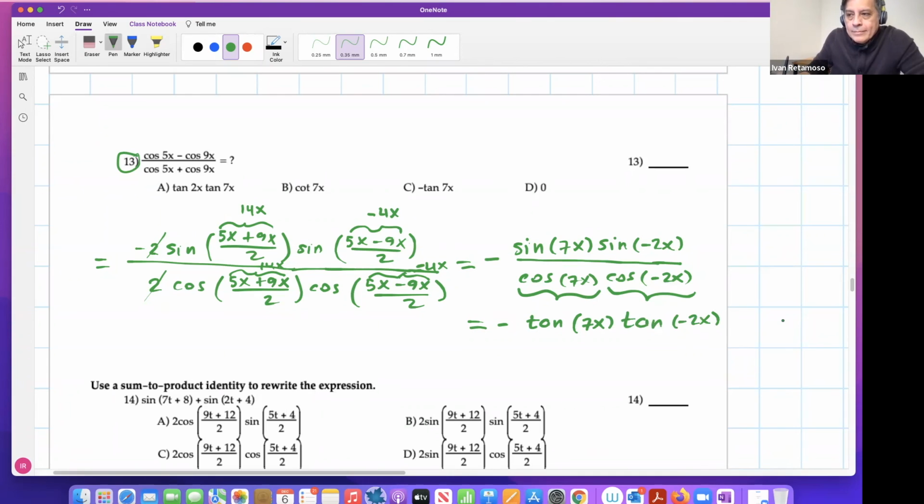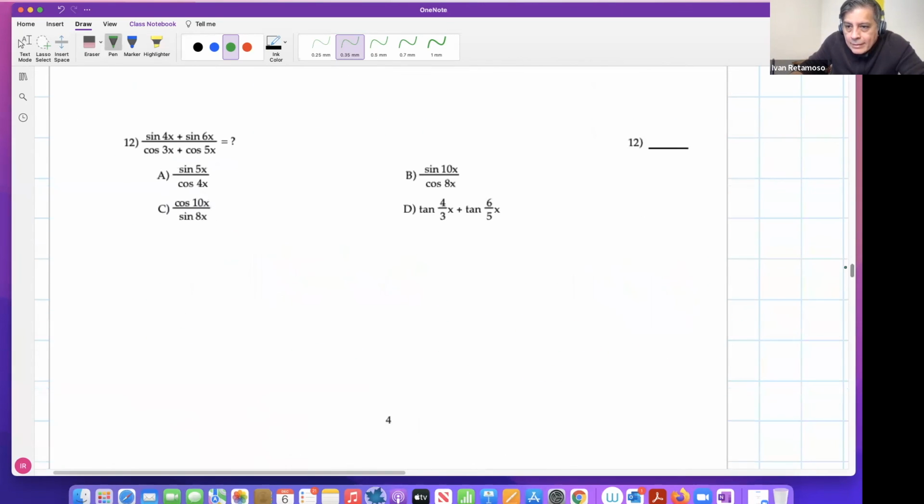But now, notice this negative sign: recall for the function tangent, tangent of negative alpha is equal to minus tangent of alpha, for any alpha.